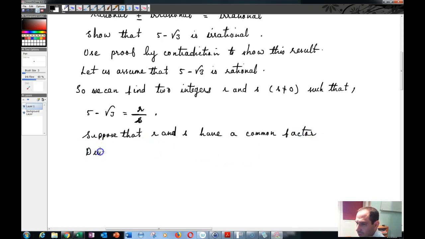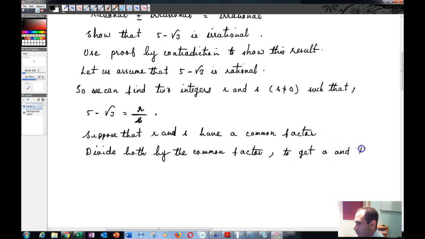Now, if you divide both by the common factor, what you will get is a and b, for example, a and b being co-prime.